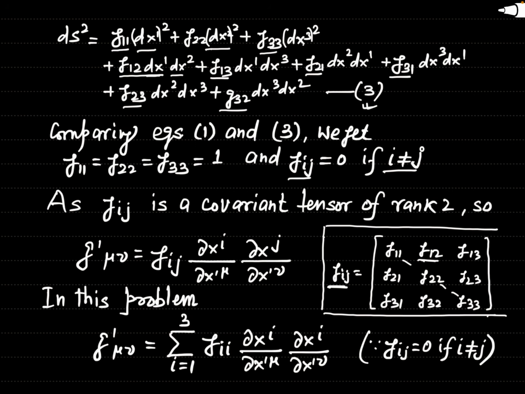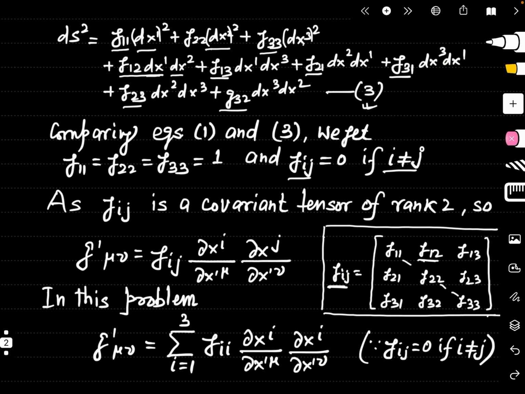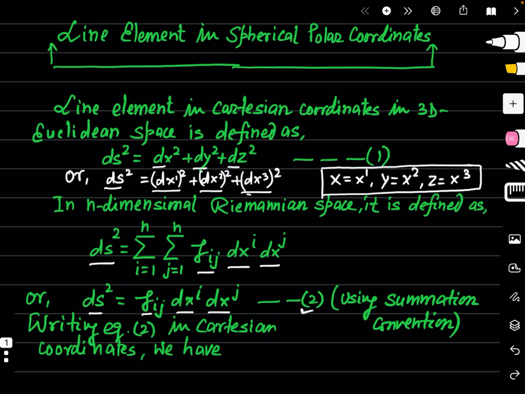But at the place of G11, if you compare this result with equation 1, you see that at the place of G11 there is 1, at the place of G22 there is also 1, at the place of G33 there is also 1. Because in the RHS of equation 1, only dx1 square, dx2 square and dx3 square are present. So what does it mean?